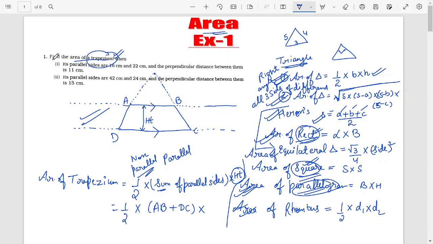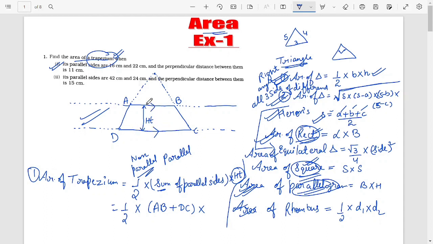So if we solve question number 1, first part, what is the question here? Find the area of the trapezium. In order to find the area of the trapezium, we will write down the formula, half into sum of parallel sides into height. In the first part, what is given? The parallel sides are 16 and 22. One parallel side is AB, another parallel side is DC.